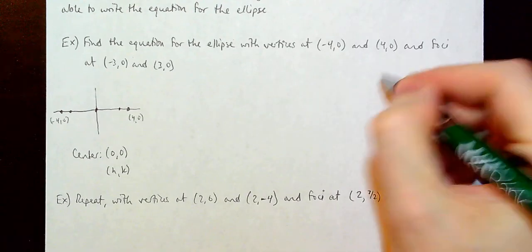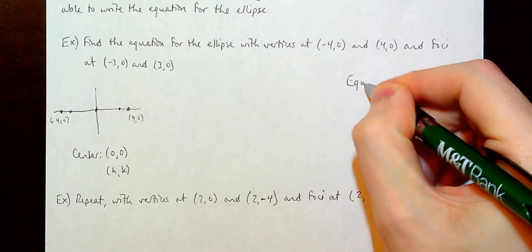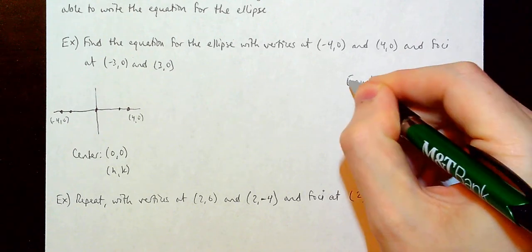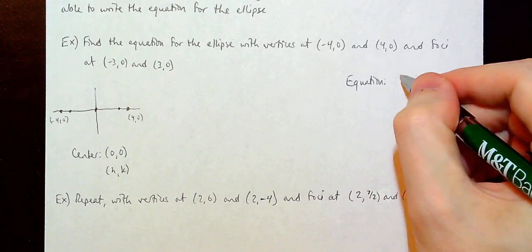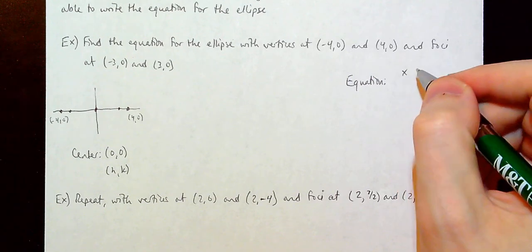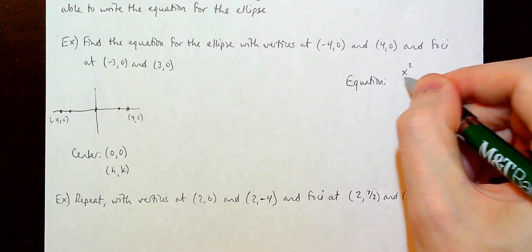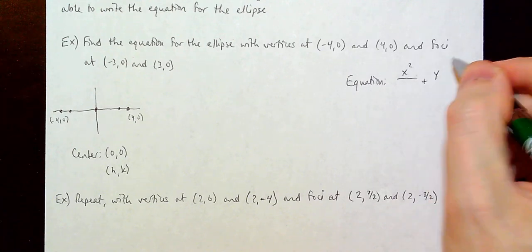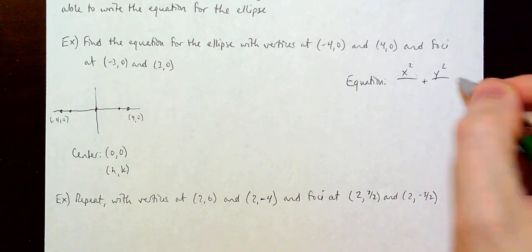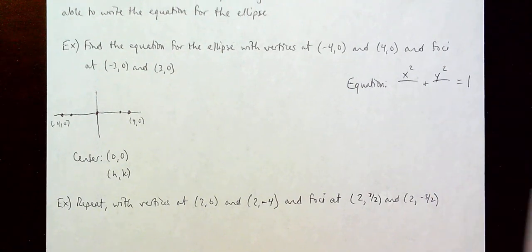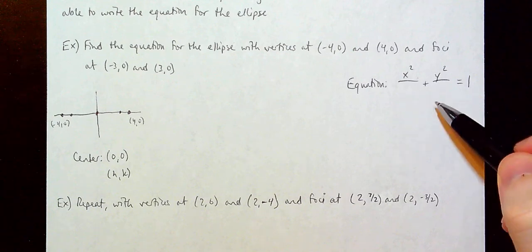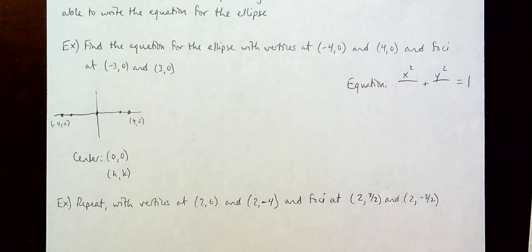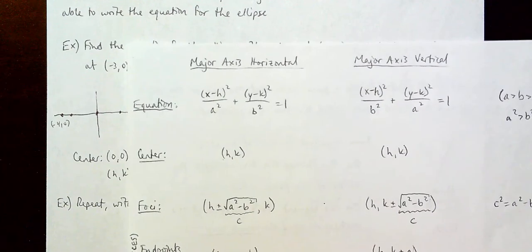So I know that my equation is going to look something like this: (x minus 0) squared, or we just put x squared, over something, plus (y minus 0) squared, or y squared, over something, is going to equal 1. The question is, we have to figure out what are these things on the bottom. What's my a squared and what's my b squared?